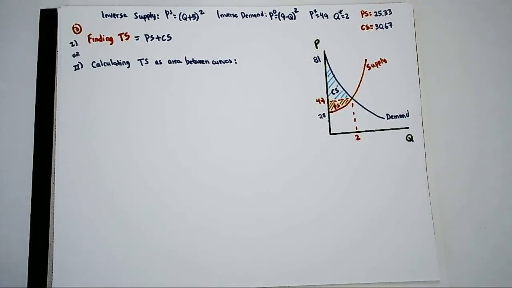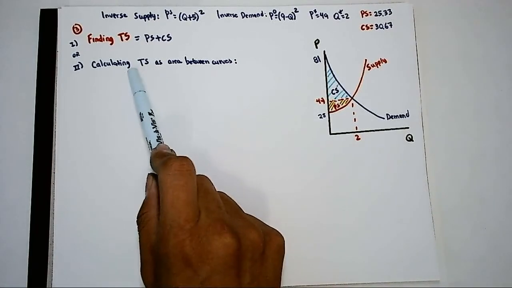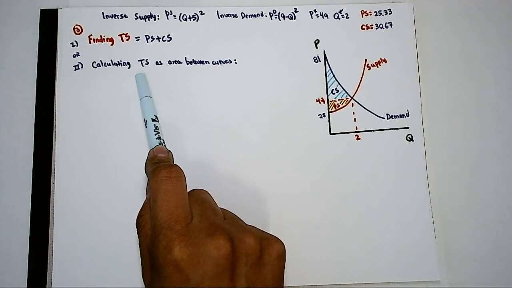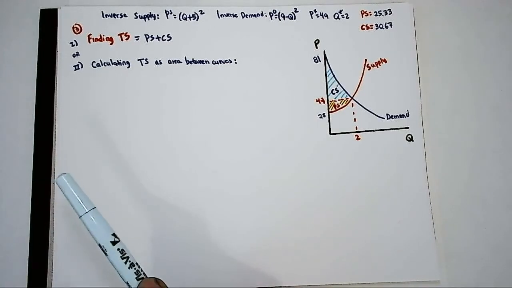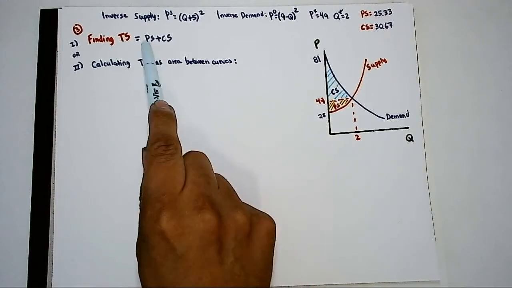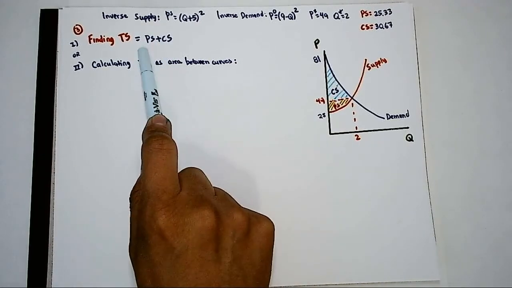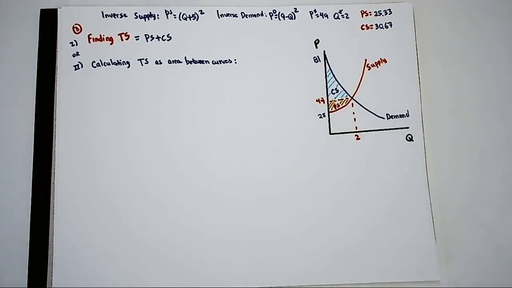In this exercise, we will use that formulation, the area between curves. And we will compare if the answer that we obtain using this method will be equal to the value obtained by adding the producer surplus plus the consumer surplus.